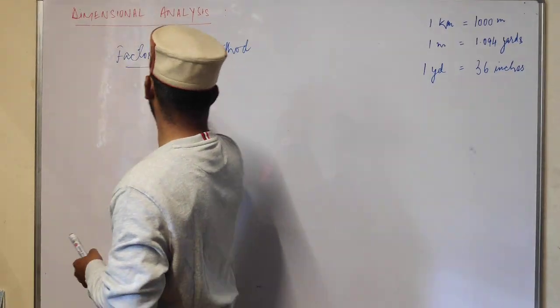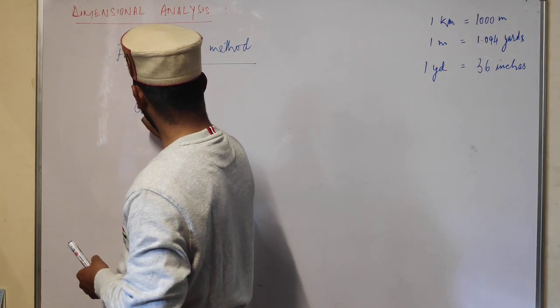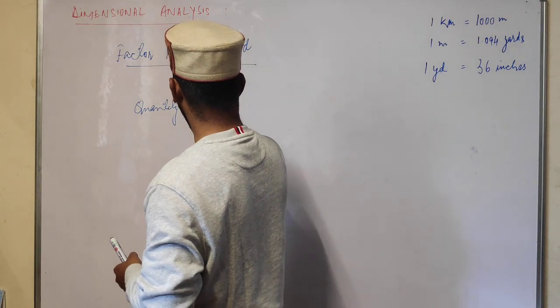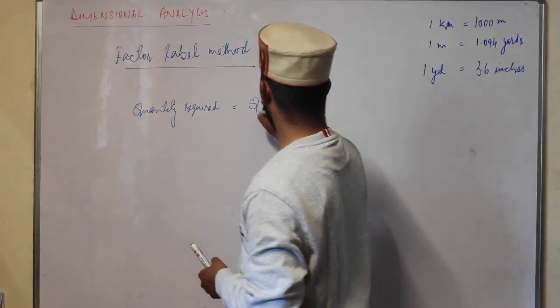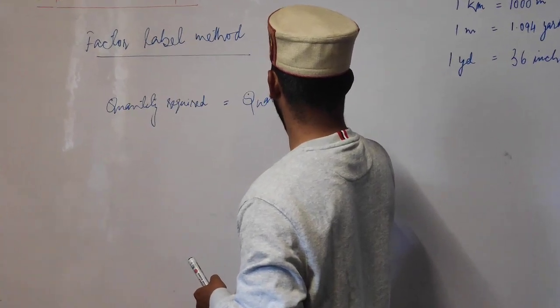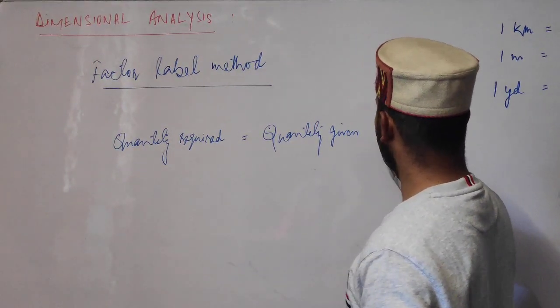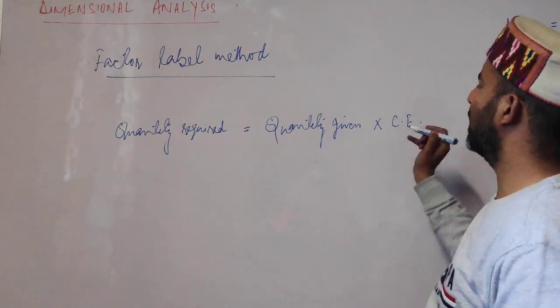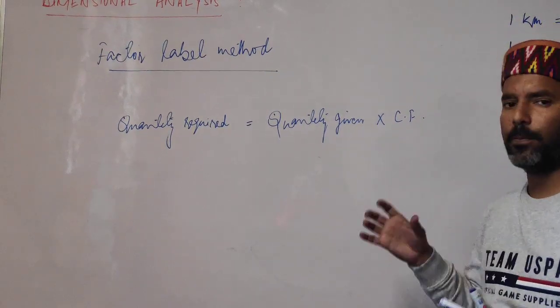And the basic requirement is that the quantity or the unit required is equal to the quantity given into the CF. Now this CF is the unit factor. Generally we take it as 1. So this is the basic requirement.